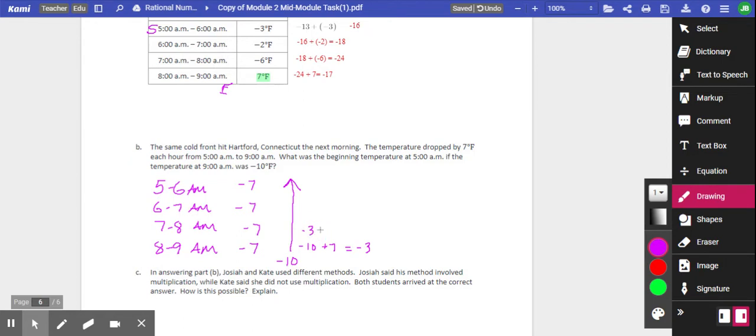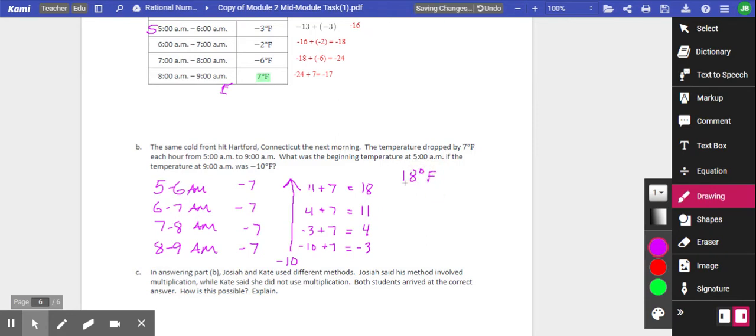And if we were at negative 3 here and we add 7, now we're at positive 4. And if we were at positive 4 and we added 7 to come backwards, we're now at 11 degrees. And if we were at 11 degrees, we had to have subtracted the 7, so now we're adding the 7. We're now at 18 degrees, which means we started at 18 degrees Fahrenheit.